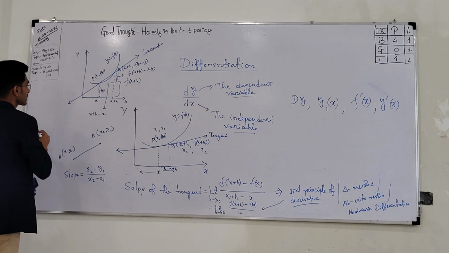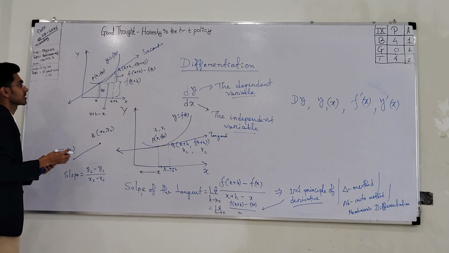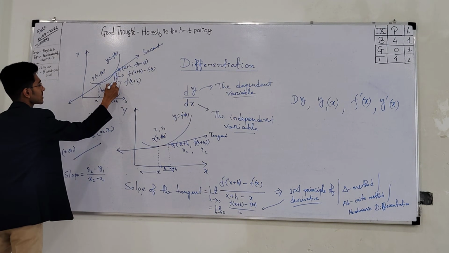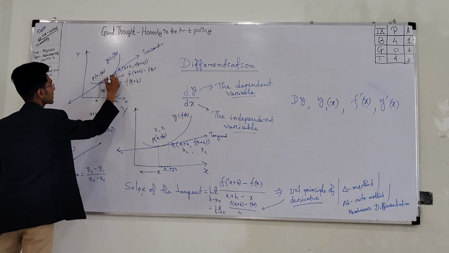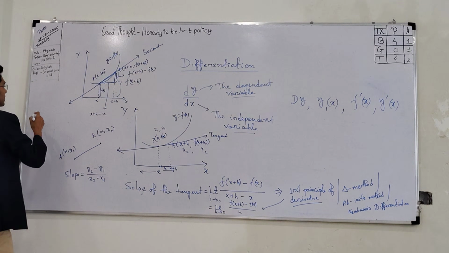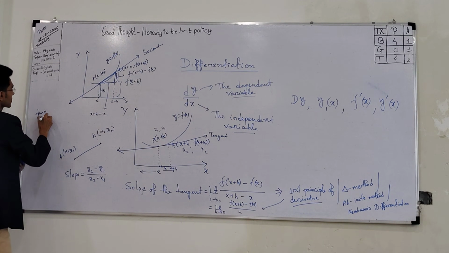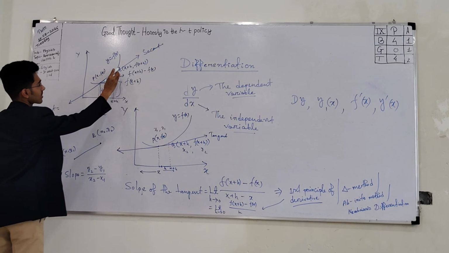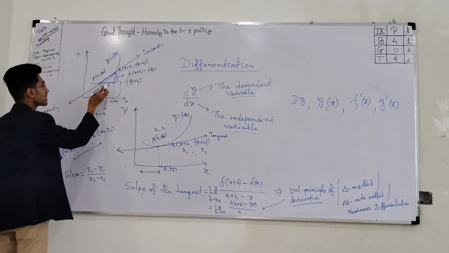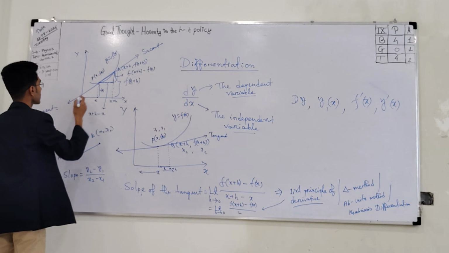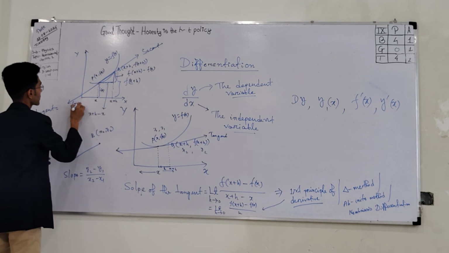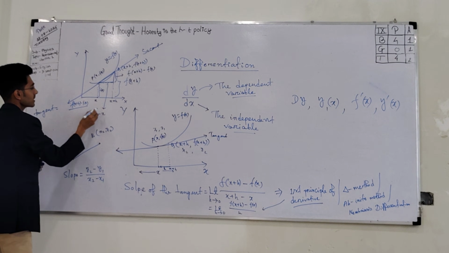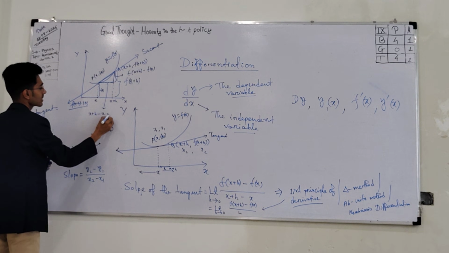Now we know tan theta in this right angle triangle. Tangent is perpendicular divided by base. What is the perpendicular here? f of x plus h minus f of x, divided by x plus h minus x, which is h.